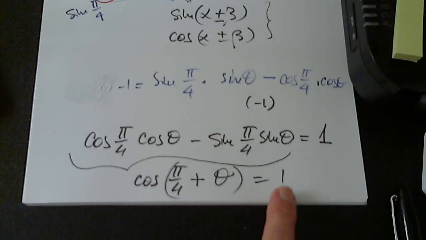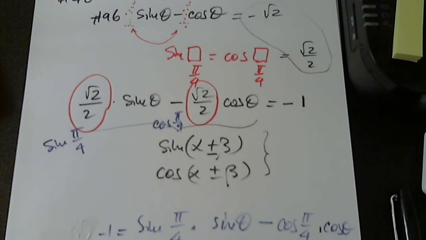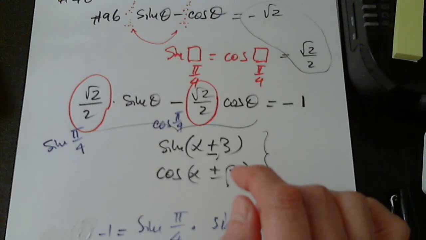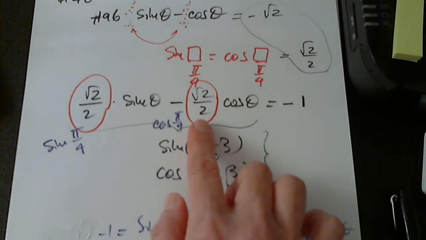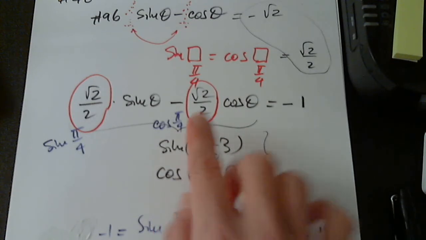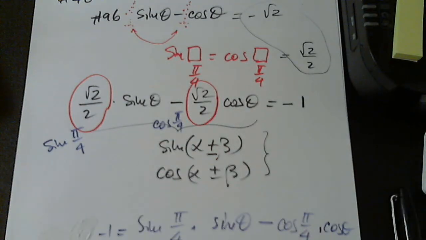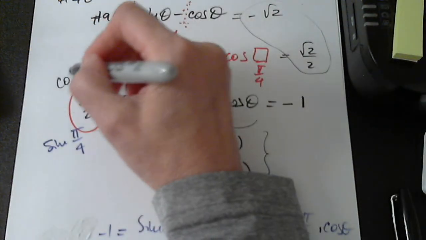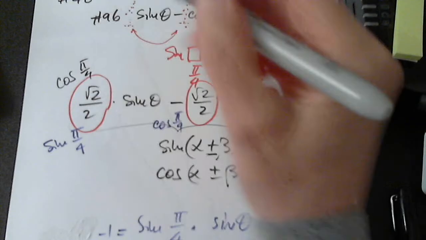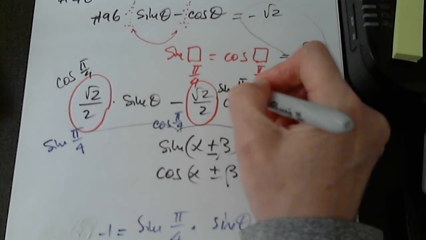This is fine, but I just want to clarify. When you replaced root 2 over 2, you could have put cosine of pi over 4 where the sine is now. Yes, that's what I said. We can use either one. You could have written this as cosine pi over 4 and this as sine pi over 4.